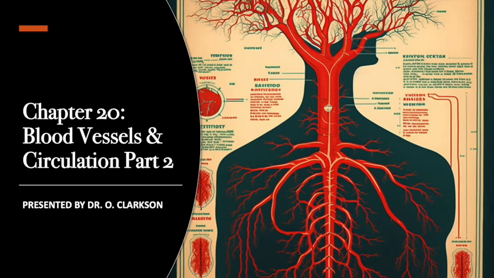Now, in terms of baroreceptor reflex, there's two major areas that you're going to find baroreceptors. One is going to be right here. It's going to be seen in the aortic arch. And then the other area is going to be within your carotids.